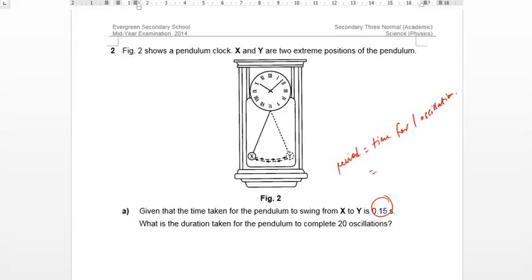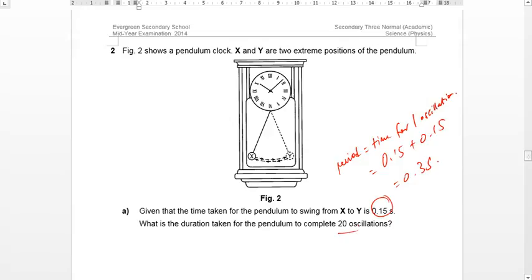Nancy, what do you think? Okay, 0.15 plus 0.15, 0.3 seconds. Because it needs to go from X to Y, then back to X. That is one complete oscillation.